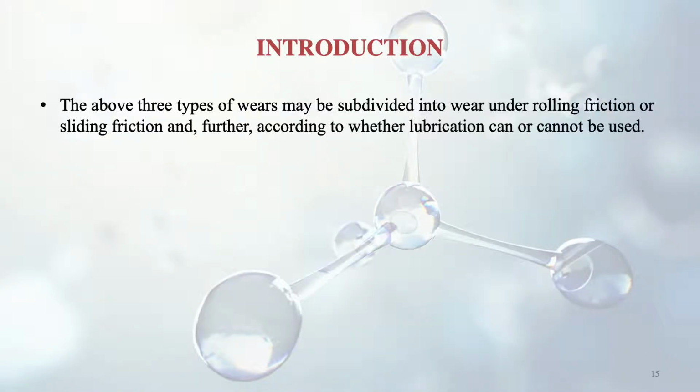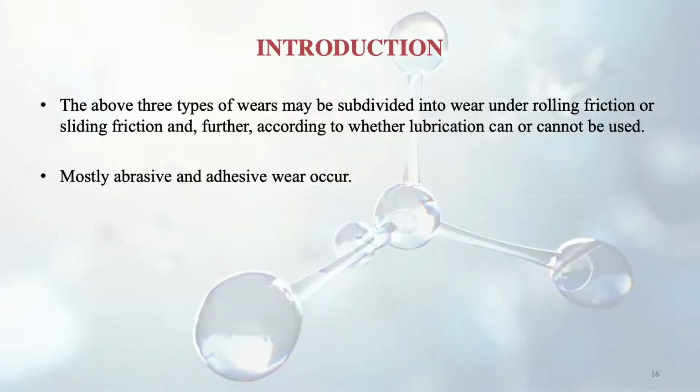The above three types of wear may be further subdivided into wear under rolling friction or sliding friction, so friction also plays a role, and further according to whether lubrication can or cannot be used. Mostly it is seen that abrasive and adhesive types of wear occur.